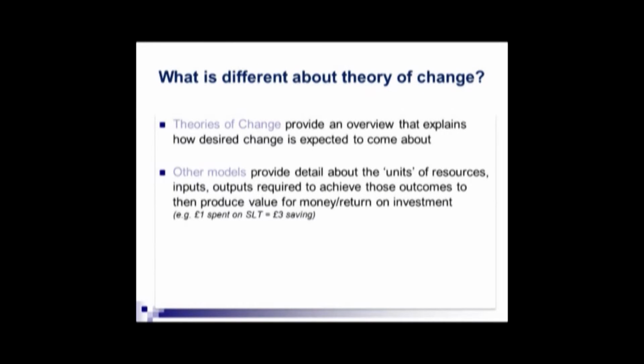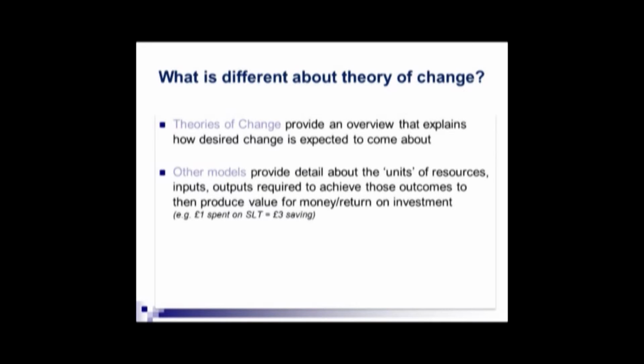Well, theories of change provide an overview that explains how a desired change is expected to come about. There are other models, you might have heard of logic models, for example. They tend to have more detail. And of course there are numerous business models which help you calculate the number or units of resources, inputs and outputs required to achieve various outcomes, and actually some of these are very clever and will help produce a kind of value for money return on investment figure.